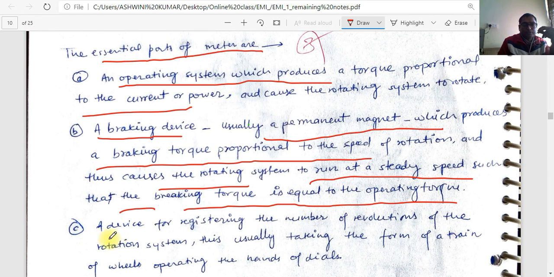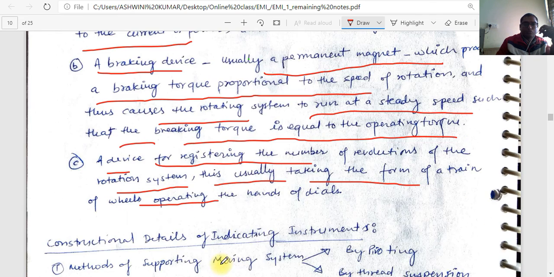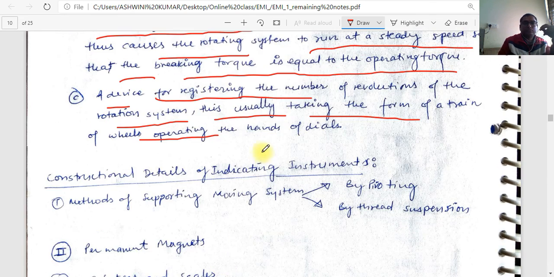The next part is a device for registering the number of revolutions of the rotating system, usually taking the form of a train of wheels operating the hands or dials.